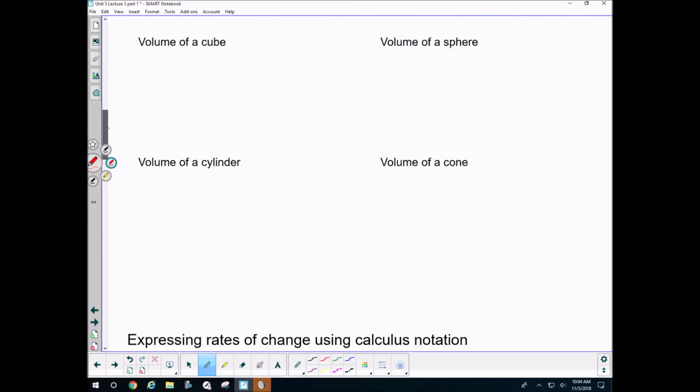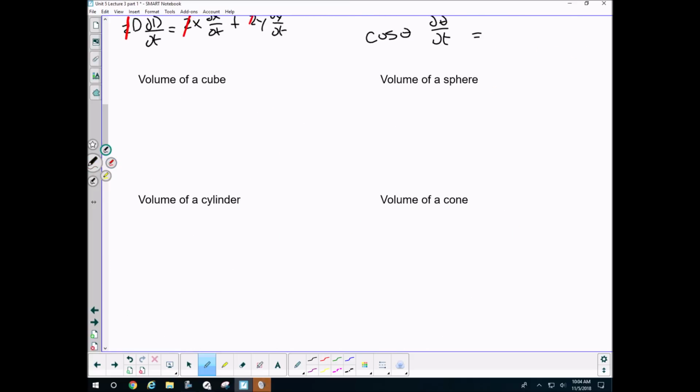The remaining formulas, I'm not going to write volume of a cube. I'm going to say surface area of a sphere. These will be given to you, but it will be your responsibility to be able to take the derivative of them. So the volume of a sphere, you do not have to know that the volume is 4/3 pi r cubed.